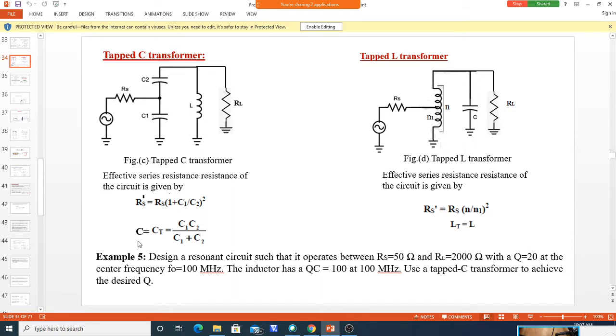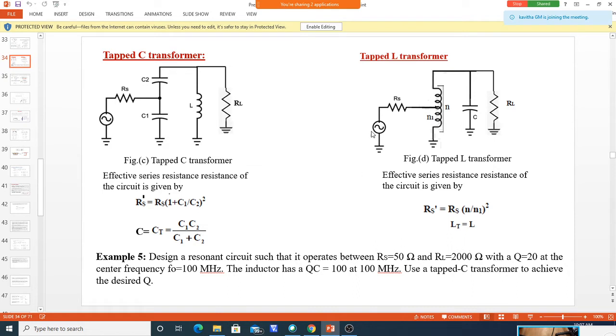Because C1 and C2 are connected in series, the overall capacitor is C1 plus C2. This is the capacitor calculated using the resonant frequency. That procedure of how to design a resonator circuit we already did in the previous classes. You get the value of capacitor through that procedure, then you can use this to get the values of C1 and C2.